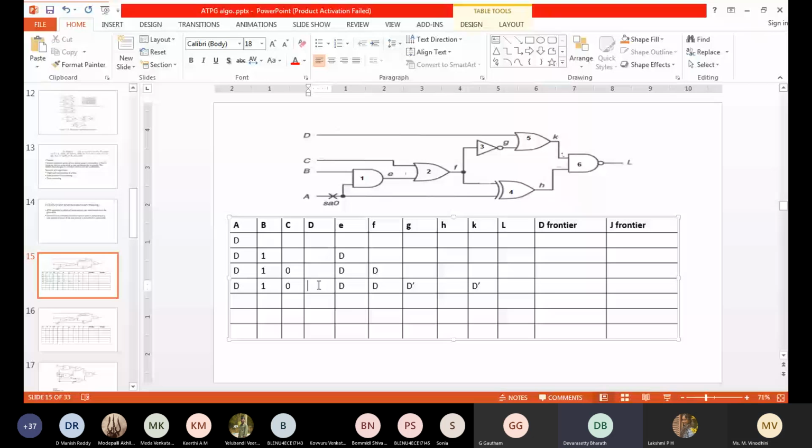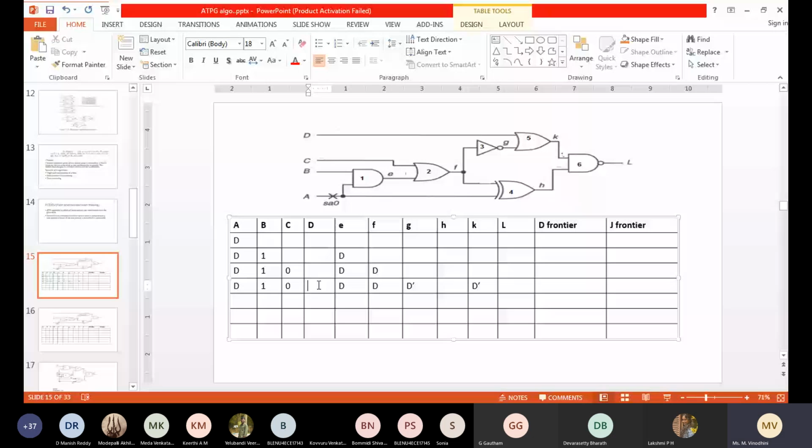Then, if I want to propagate the fault through an OR gate, what should be the other input? I asked you guys to remember. Listen to the class, Bharat. 0, ma'am. So D should be 0.